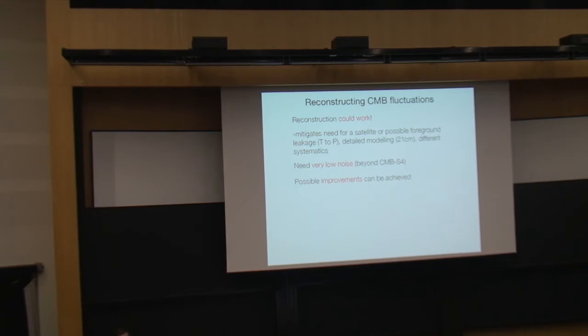So initially the idea was, let's see if we can do this internally with something like CMB-S4, so we focused only on the CMB experiment. We didn't include any other external tracers or external data that would allow us to improve this.